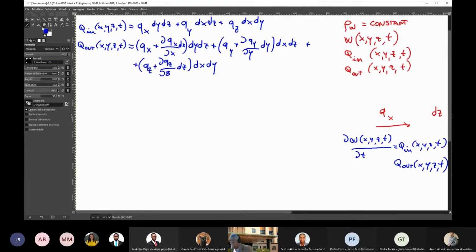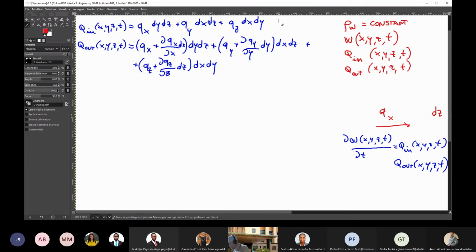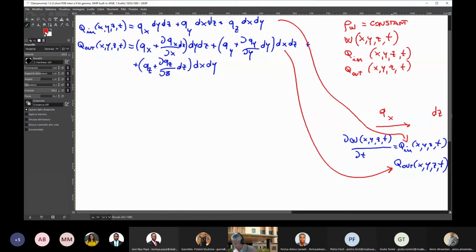So let me change the color. I can bring this one here and this one here. Okay, very good. Now let's make the substitution. And it's just a substitution. I'm not developing anything.